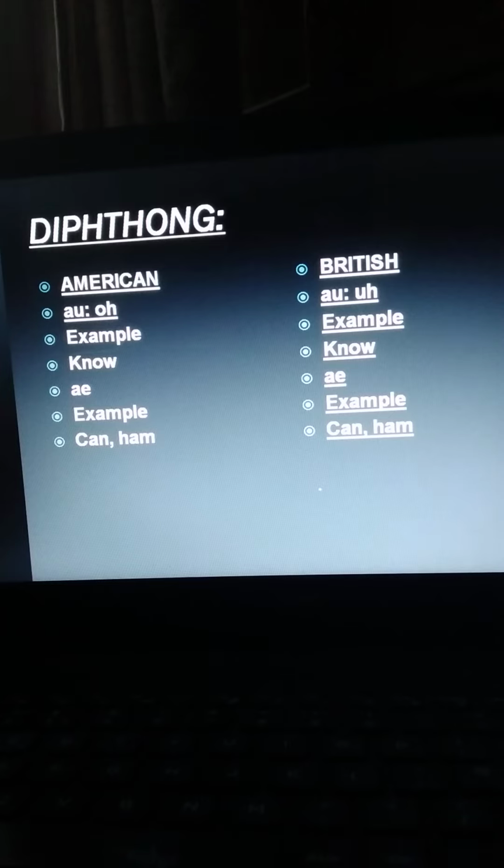Now let's talk about the I diphthong. In American English, when the vowel is followed by a nasal consonant, it is no longer a pure vowel. Whenever the sound is followed by a nasal sound like m, n, or ng, there is an extra sound after the vowel.